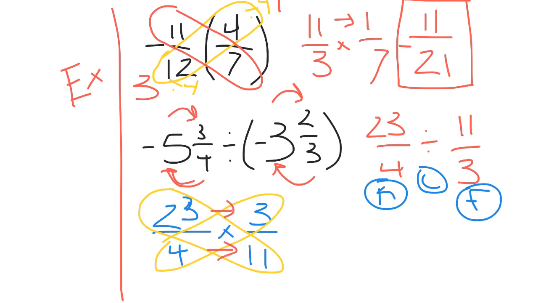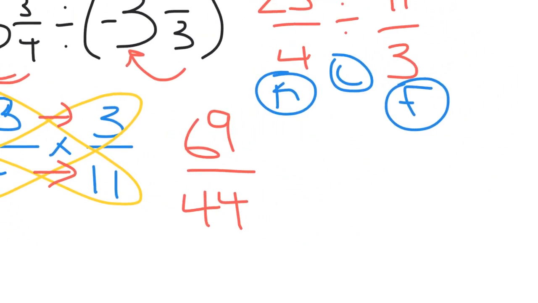So 23 times 3, let's see, 20, 40, 60, 69 over 4 times 11 is 44. Now my top number is bigger than my bottom number. That's an improper fraction, so we need to do cowboy and the horse to turn this back into a mixed number.